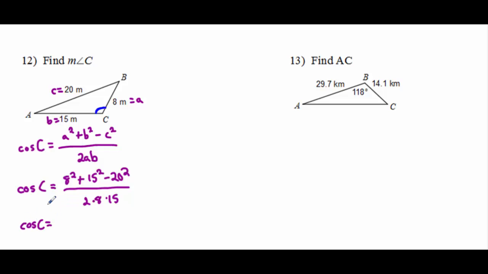When I type this in, I need to make sure that either I use the fraction button on my calculator, which on the TI graphing calculators is the alpha y equals button. We'll bring up your fraction menu. Or I need to put the top in parentheses and the bottom in parentheses with the division symbol in between them. If you don't do one of those two things, the calculator thinks you're doing something that you're not really trying to do and gives you the wrong answer.